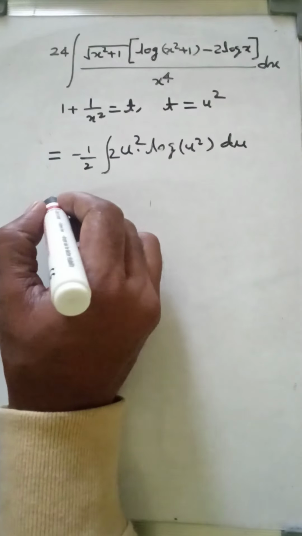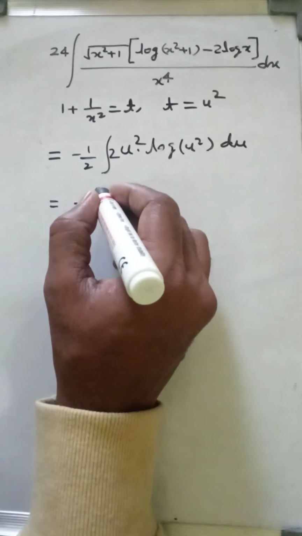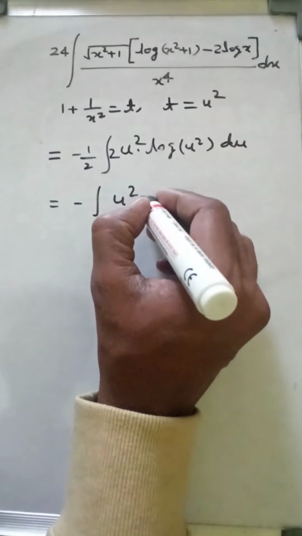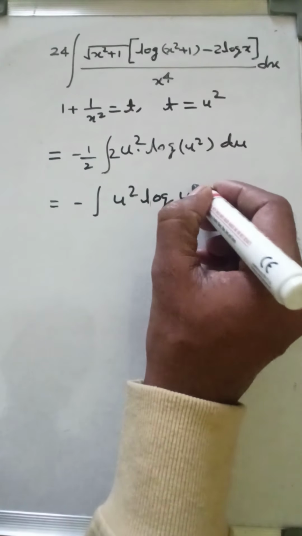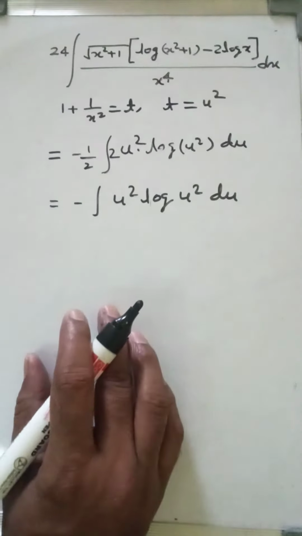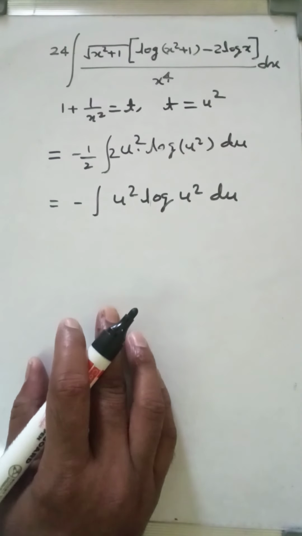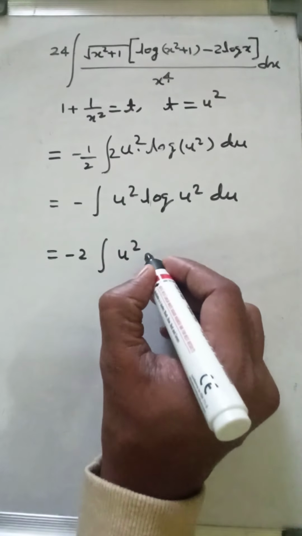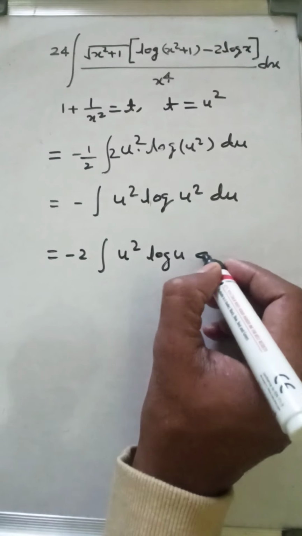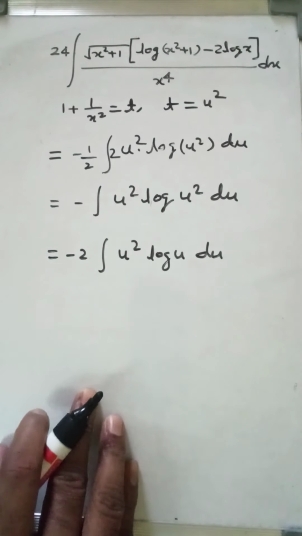Done. So 2 cancels, minus u square log of u square into du. Log of u square is 2 times log u, so minus 2 times u square log u into du.